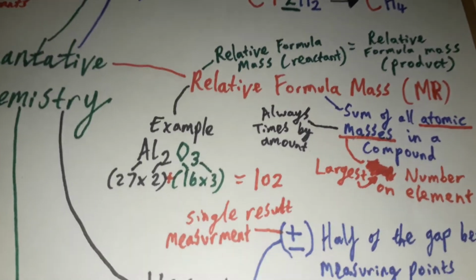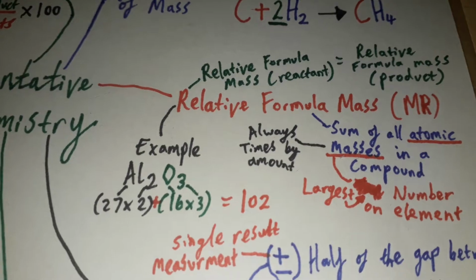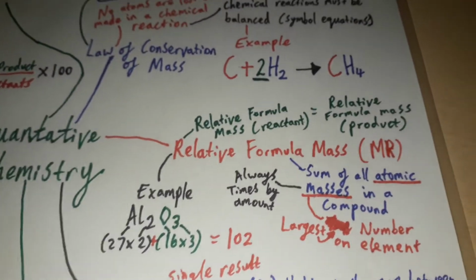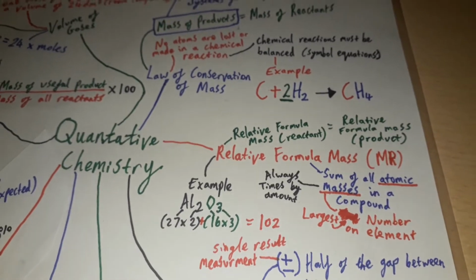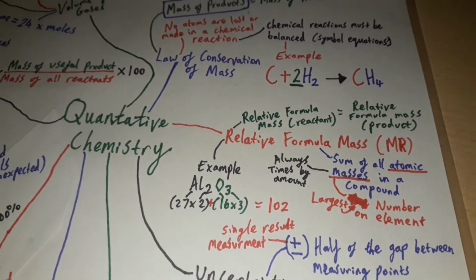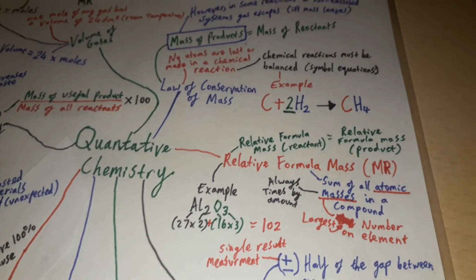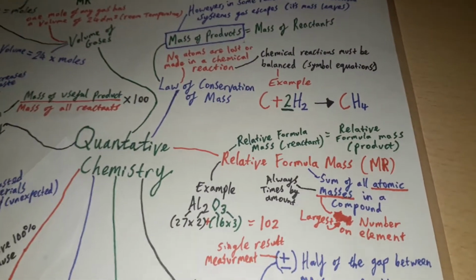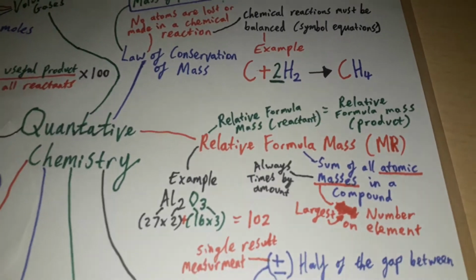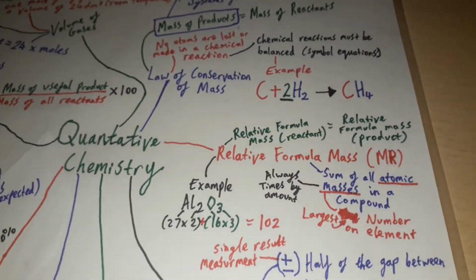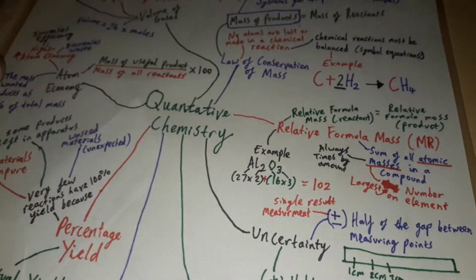And then we just add together these 2 calculations, which gives us 102. That means that 102 is the relative formula mass of these things. Meaning, if this was 2 things reacting into this, their relative formula mass would be exactly the same, because it's the same for reactants and products, of course.